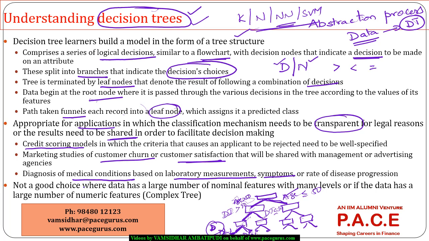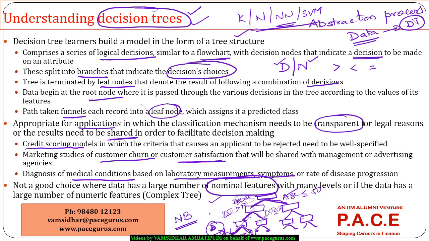But looking at the limitations of this model, if the data has too many nominal variables, this is the biggest limitation. Whereas naive Bayes will work majorly when there are nominal variables in your data, and a few other algorithms also will work more comfortably with nominal features.